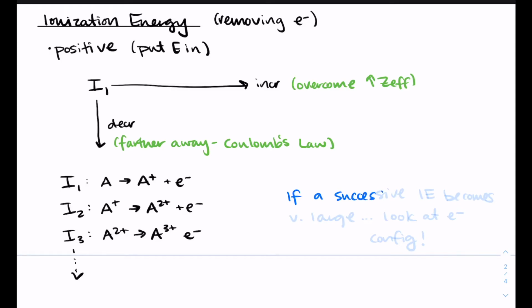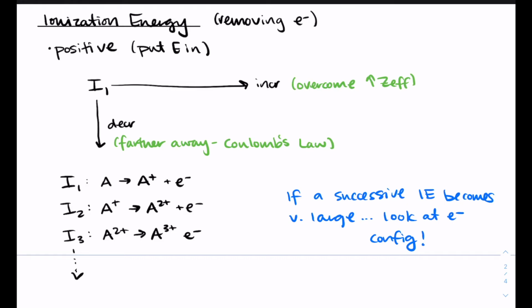And each ionization energy refers to just taking out one electron. So the second ionization energy is the 1 plus cation giving up an electron to form the 2 plus. The third ionization energy is the 2 plus giving up an electron to form the 3 plus. So third ionization energy forms a 3 plus.